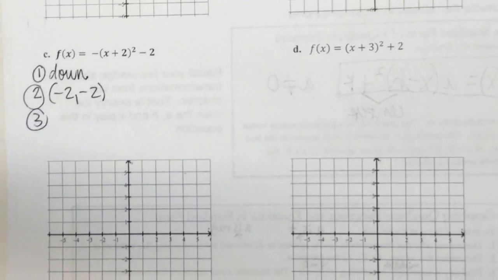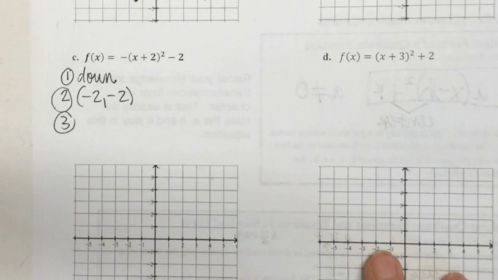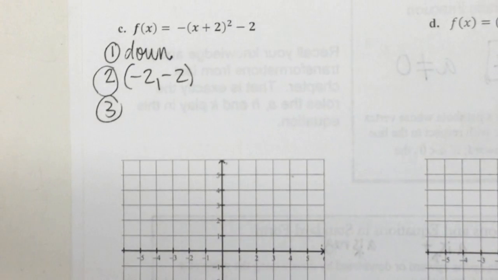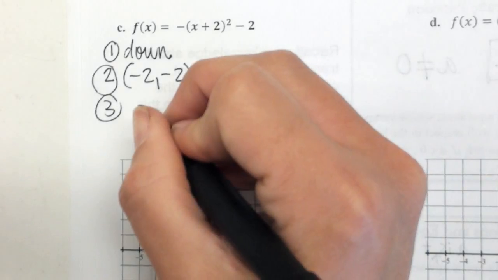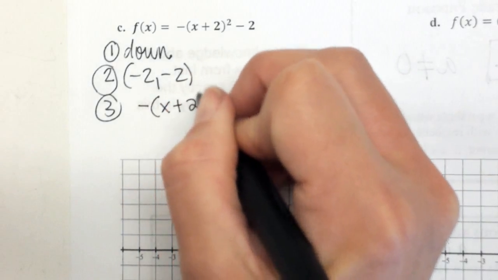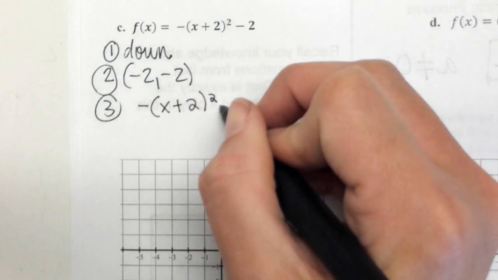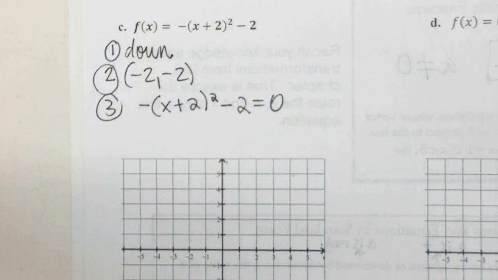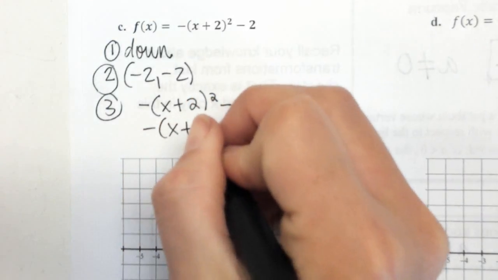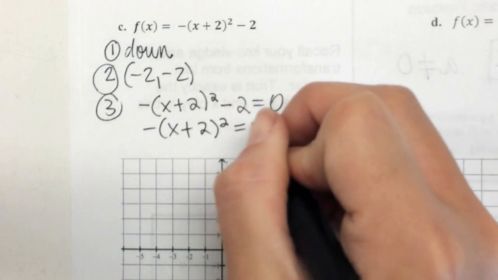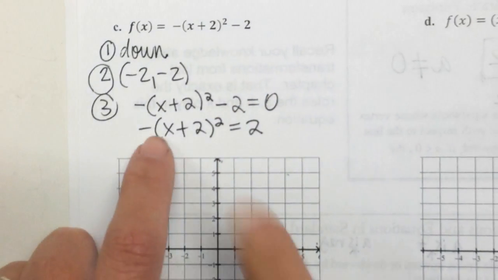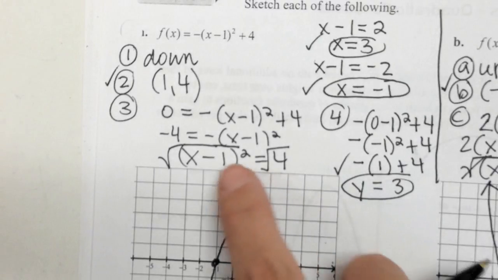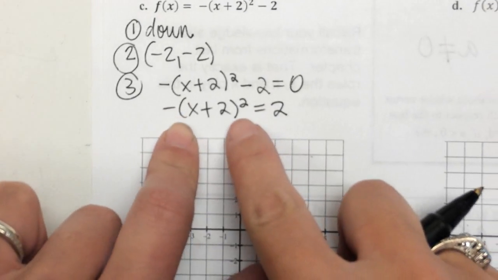This is where y'all were getting tripped up with the x-intercepts. For x-intercepts, you set what to 0? Y. And then y'all moved the 2 over, right? So this is where y'all are at. So we want to get these parentheses by itself, just like we did up here before we take the square root. So we need to get rid of the what?